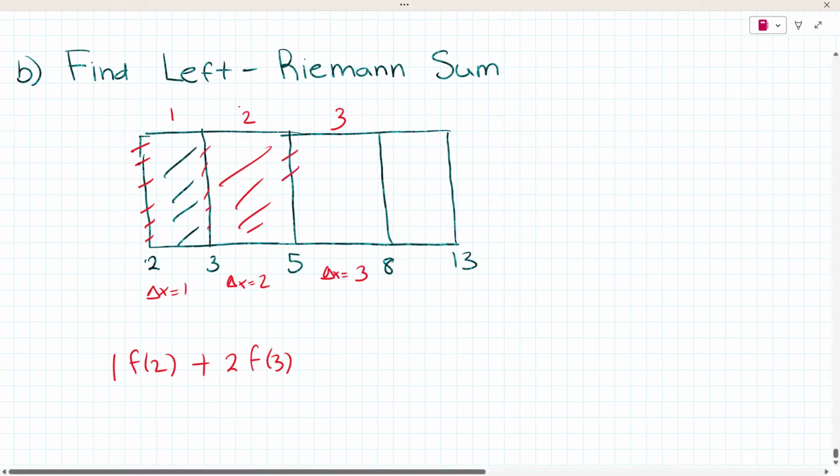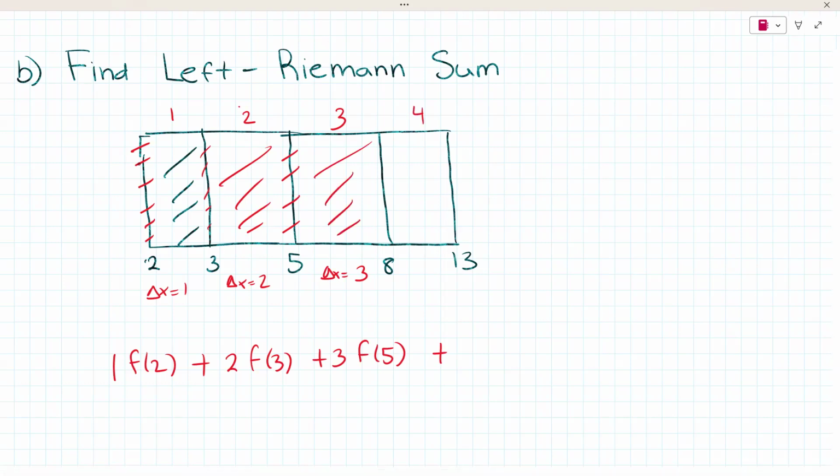Then we do rectangle 4. The delta x is from 8 to 13, a distance of 5, and then we find f of 8.